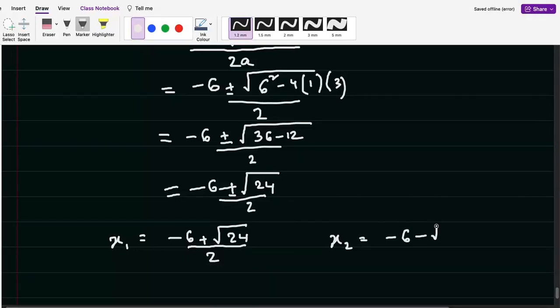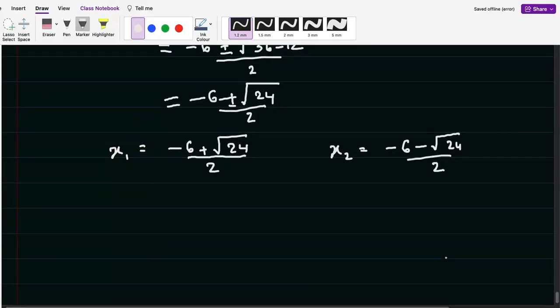So this one is here. 24 can be written as 6 into 4, we can just write 6 4s 24. Four will come out of the square root and becomes 2. So what happens here?